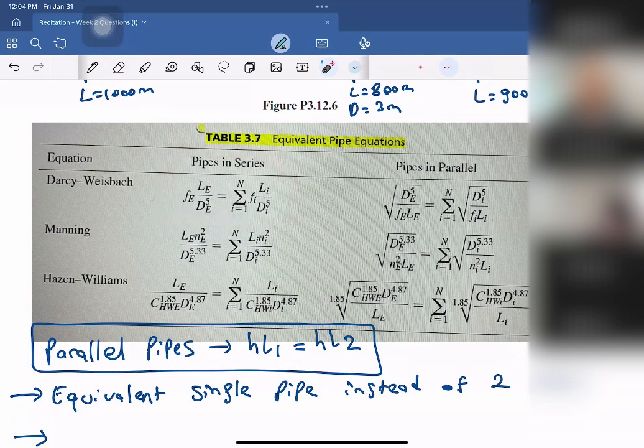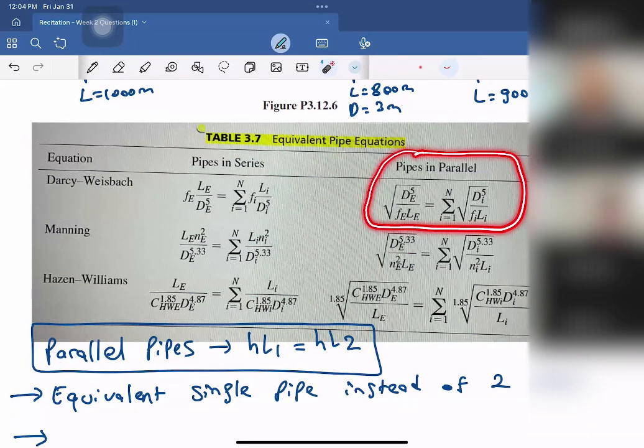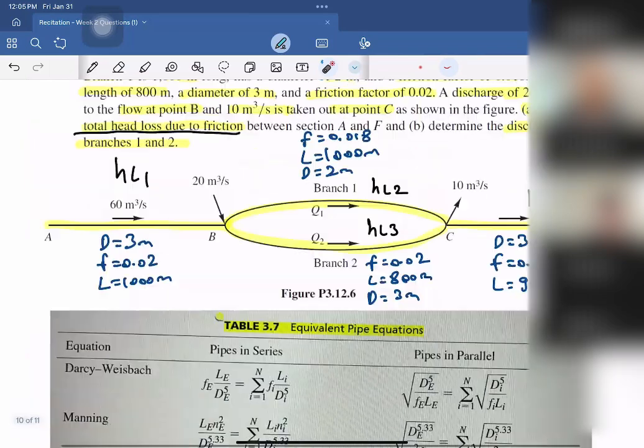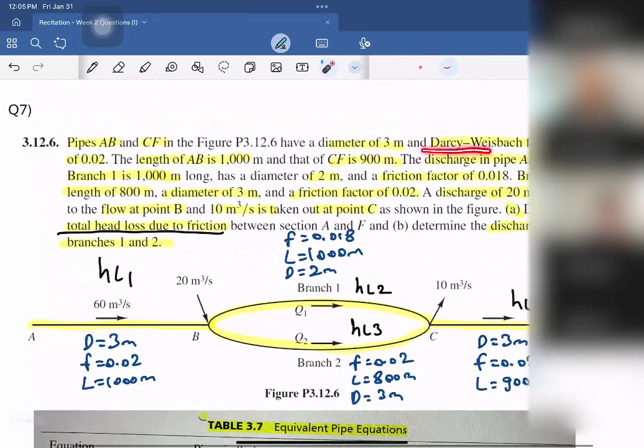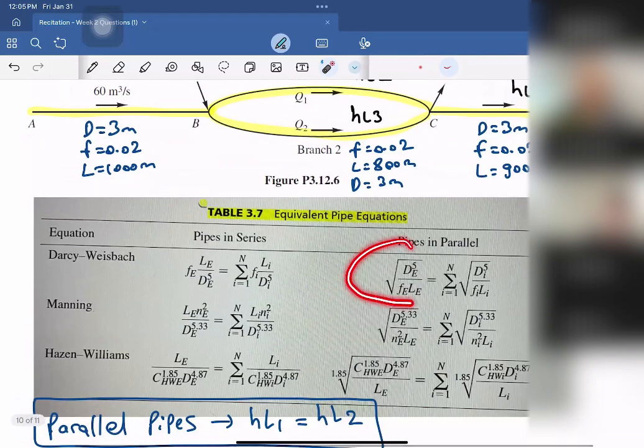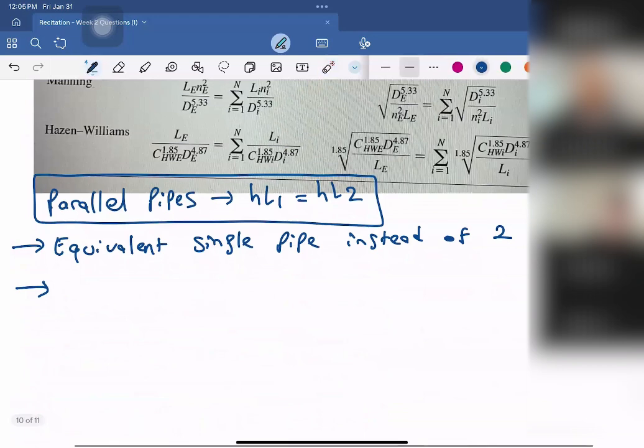But since we are talking about parallel pipes, we are going to use this equation, because we have this Weisbach friction factor as stated in the question. So we will stick to this one. This is how it works.